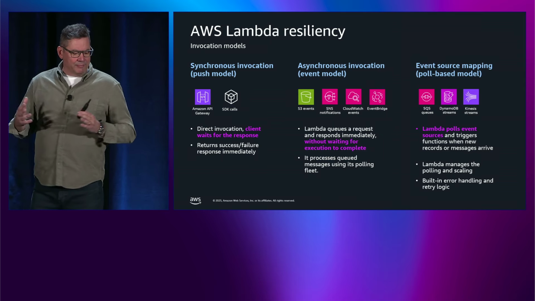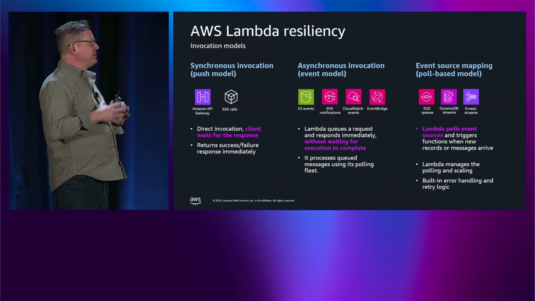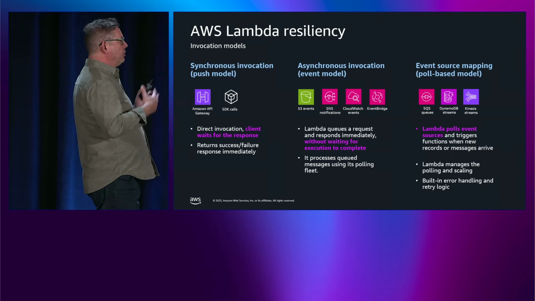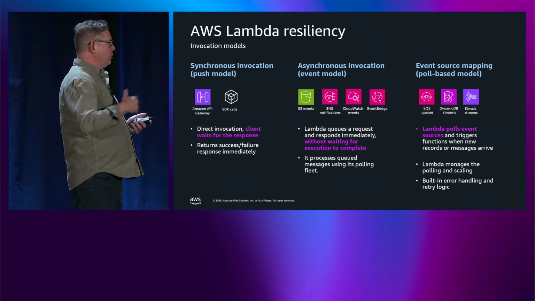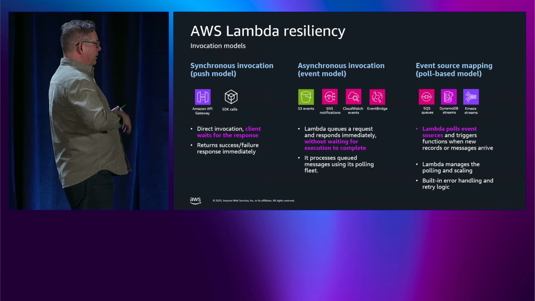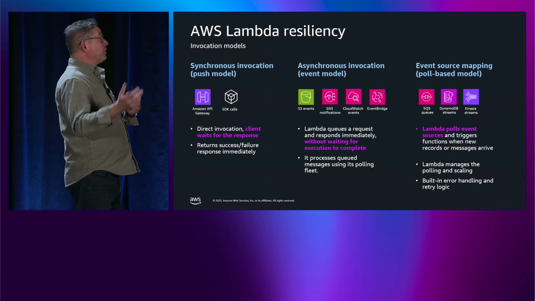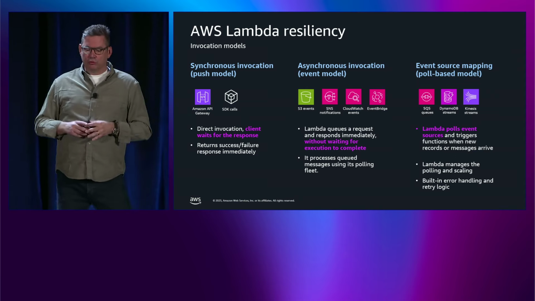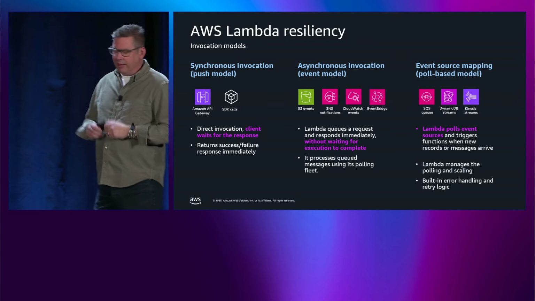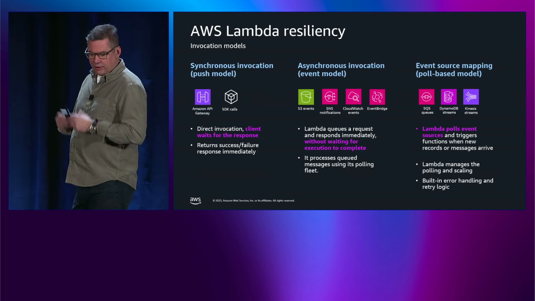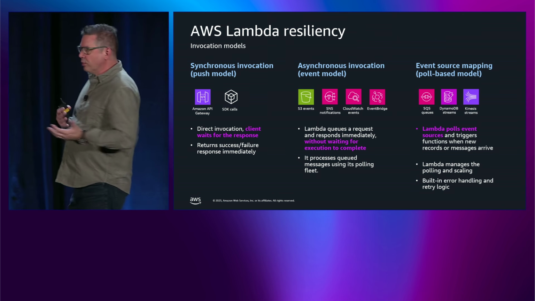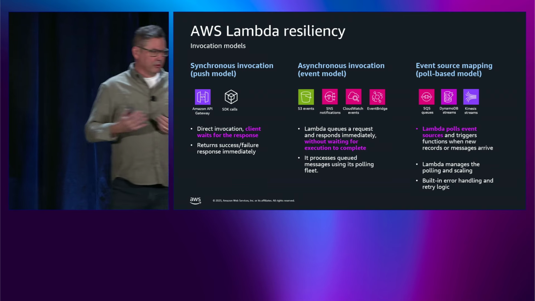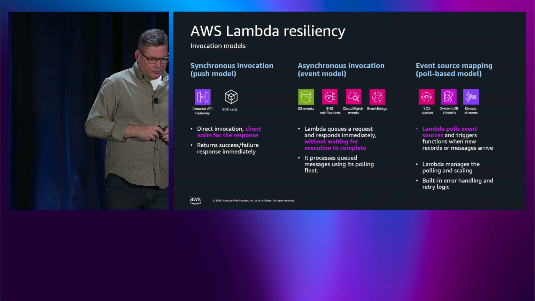But fundamentally, here, Lambda is queuing all the requests, allowing the caller to continue on processing and doing what it needs to do, and the invocations are asynchronously invoked, which means that there is no response back to the original caller.